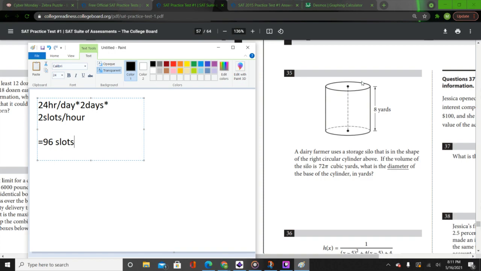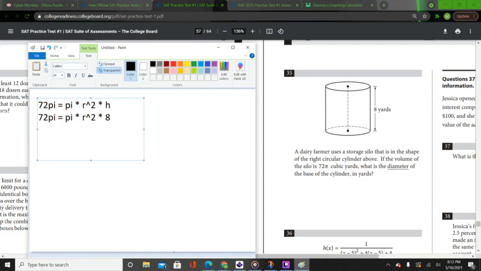So the formula for a cylinder, I believe, is, let's write it as it was meant to be. 72 pi is equal to pi times r squared times h, which is 8.